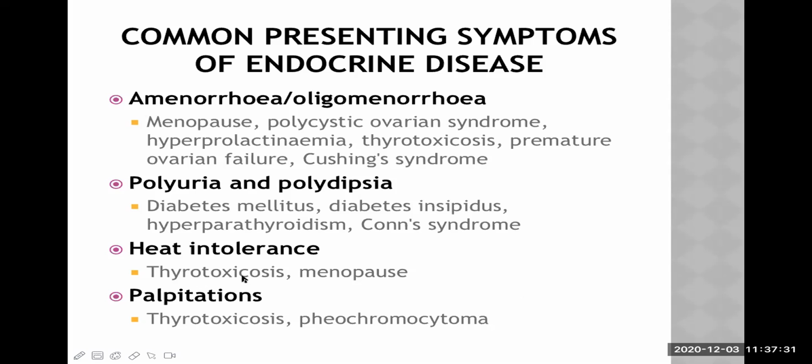The common causes are thyrotoxicosis and menopause as the perimenopausal symptom. Whereas palpitation is very commonly seen in thyrotoxicosis and pheochromocytoma. Pheochromocytoma is a tumor which develops in the adrenal medulla, and that tumor secretes catecholamine. As a result, palpitation is very common to occur because catecholamines stimulate the contractility of the heart.